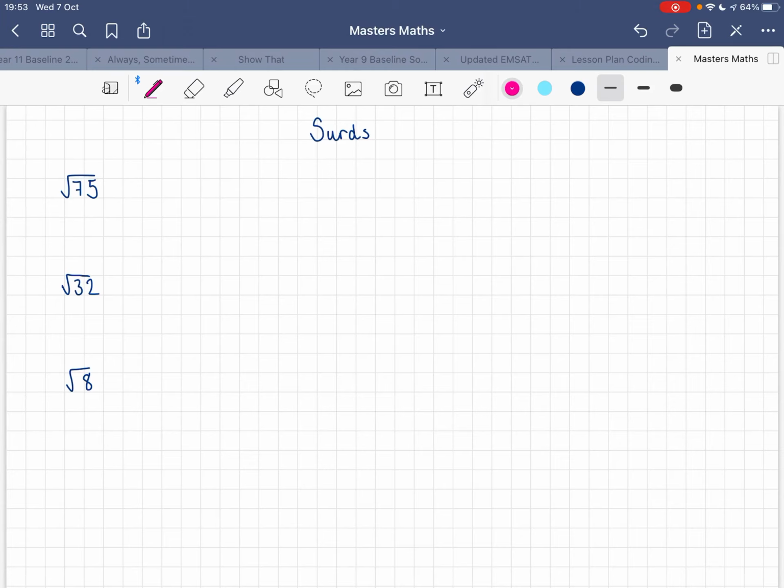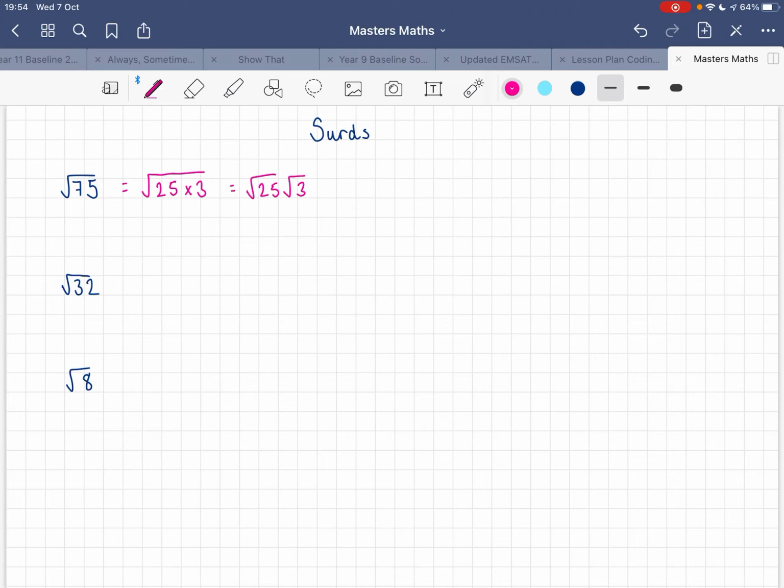Okay, so I know that 75 is 25 times 3. So I am going to rewrite my surd. I'm going to keep it all underneath the same one, 25 times 3. I can then split that into 2. So I can split that into root 25, root 3. Okay, they're still multiplied together.